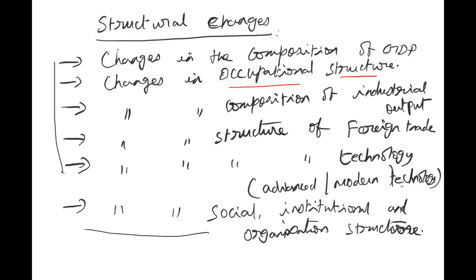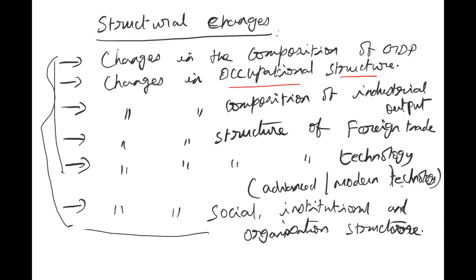In other words, economic growth is the final stage, and economic development is the initial stage. Once the country has finished all these changes, it need not bother about everything. The country just has to look at the rise in national income. They need not bother about whether the foreign trade structure is changing, whether the attitude of the people is changing, whether the primary sector is contributing more or the tertiary sector is contributing more.